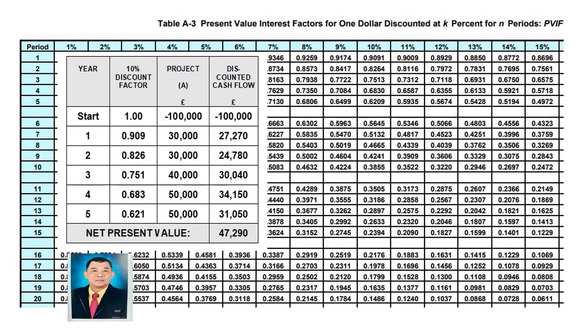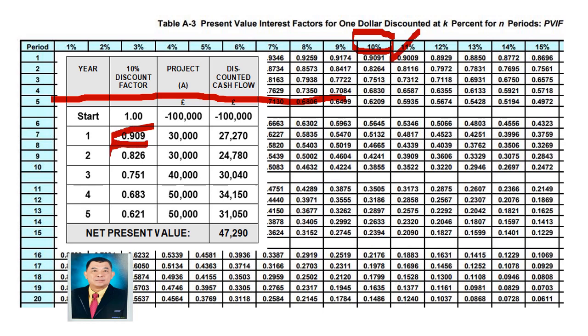Now, if we are going to use the short method using the present value interest factors for $1 discounted, this table says that you have a 10% discount rate and it is 5 years. So this one was taken from here.